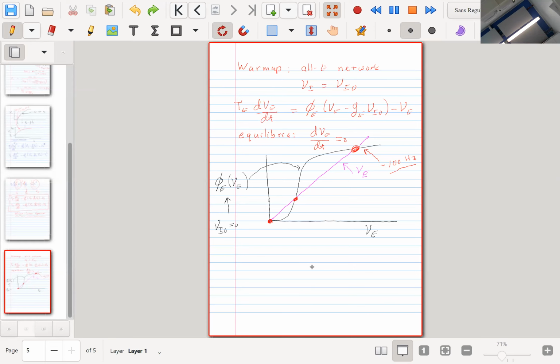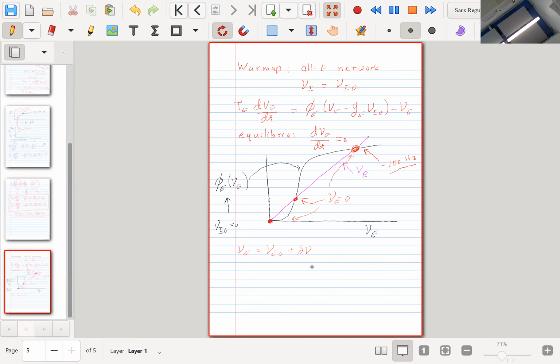So what we're going to do is linearize around a fixed point. This is nu E0, a firing rate at a fixed point. It could be any one of the fixed points, that one, or that one. And we're going to let nu E equal nu E0 plus delta nu, and we're going to ask about the dynamics of delta nu.